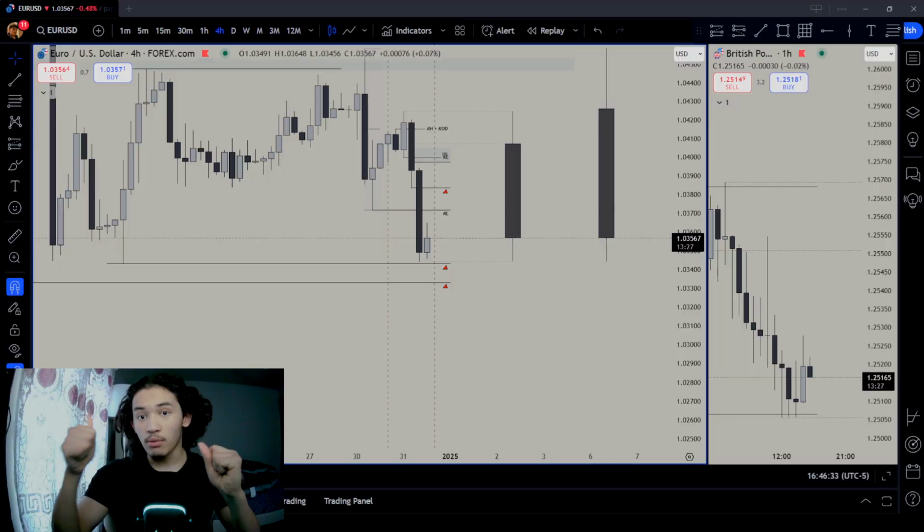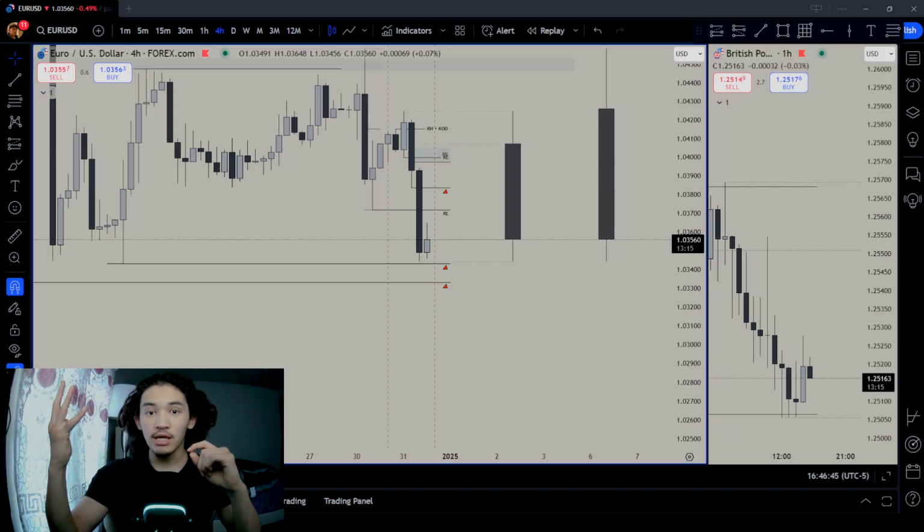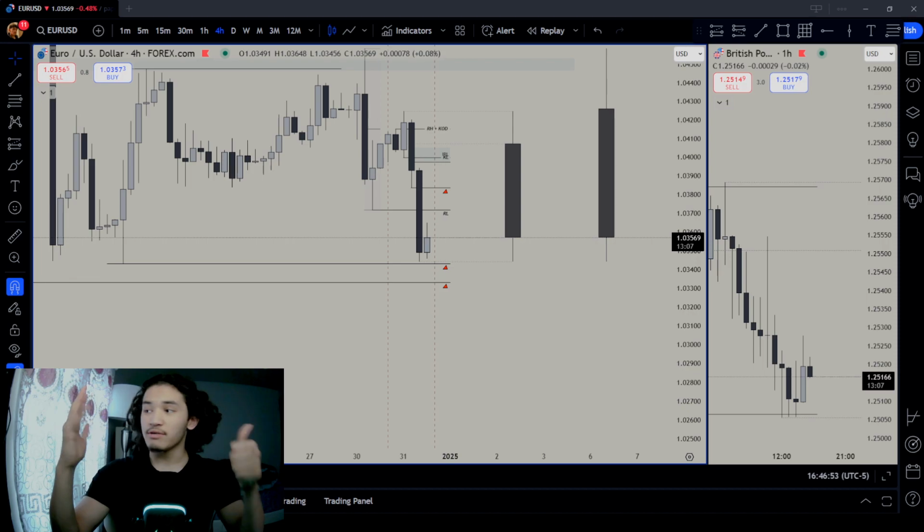You have model number 1, which is a CISD, which is the one we're talking about. Model number 2, breaker block. Model number 3, fair value gap. Model number 4, unicorn model. Model number 5, OTE. Model number 6, which is kiss of death, KOD, right? Model number 7, there's no number 7. These are the 6 models that there are just inside of a CRT.